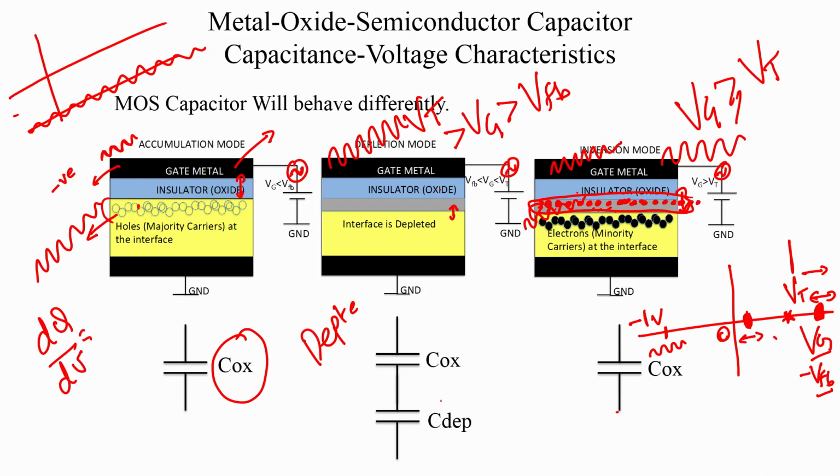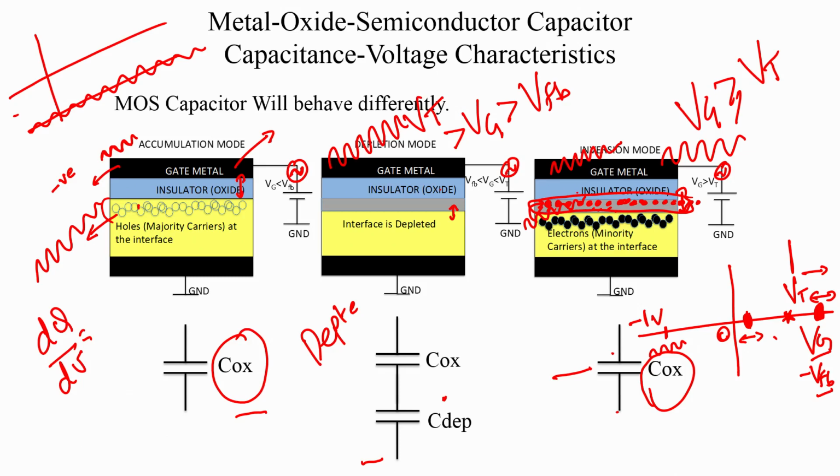Here it was the depletion width that was responding, here it is not. Here it is the electron count that is responding, and therefore, our capacitance once again becomes the same as Cox. So, the capacitance is Cox, then it decreases, then it again increases and comes back to Cox. But this is all under a specific condition, and we will explain that condition soon.